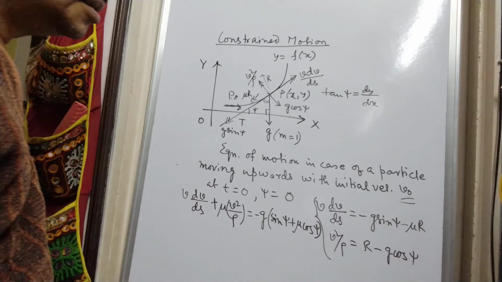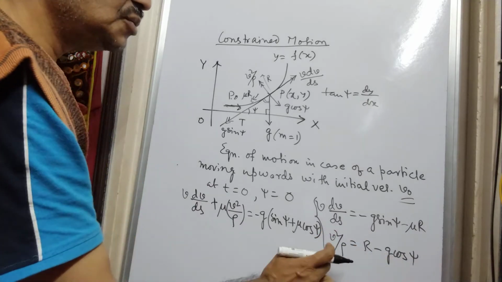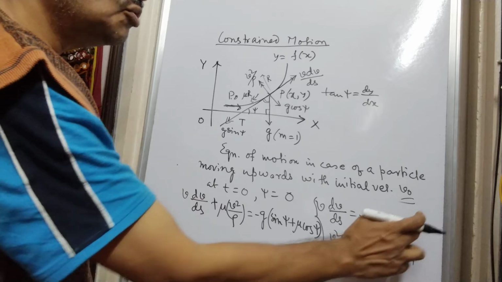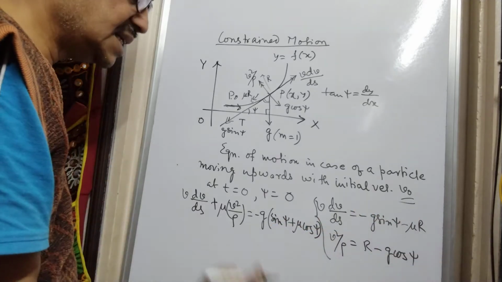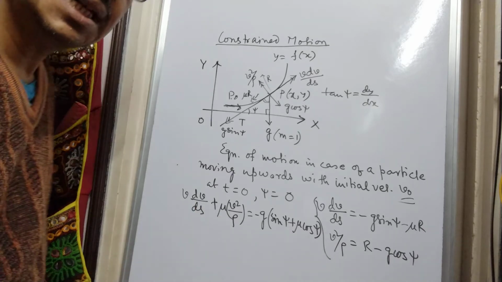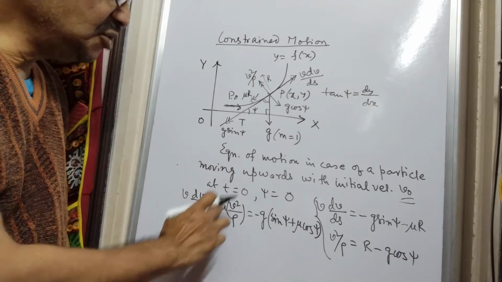Isn't it so? We have multiplied mu with this equation and added it to the other, so that this R cancels out, and we have minus g (sin psi plus mu cos psi) on the right hand side, and in the left hand side we have v dv/ds plus mu v square by rho.